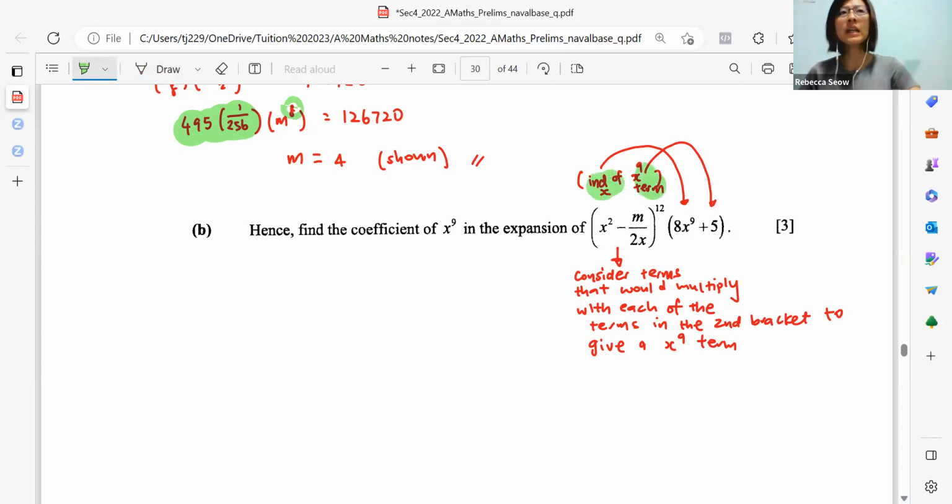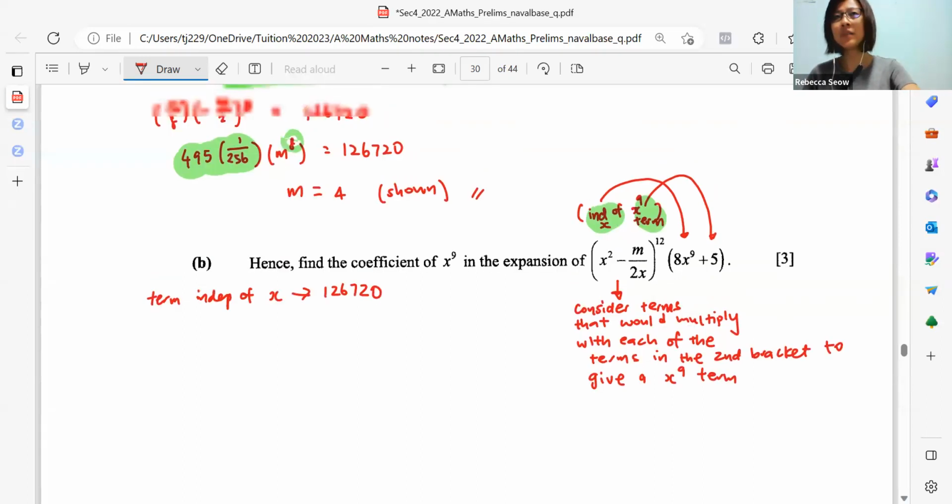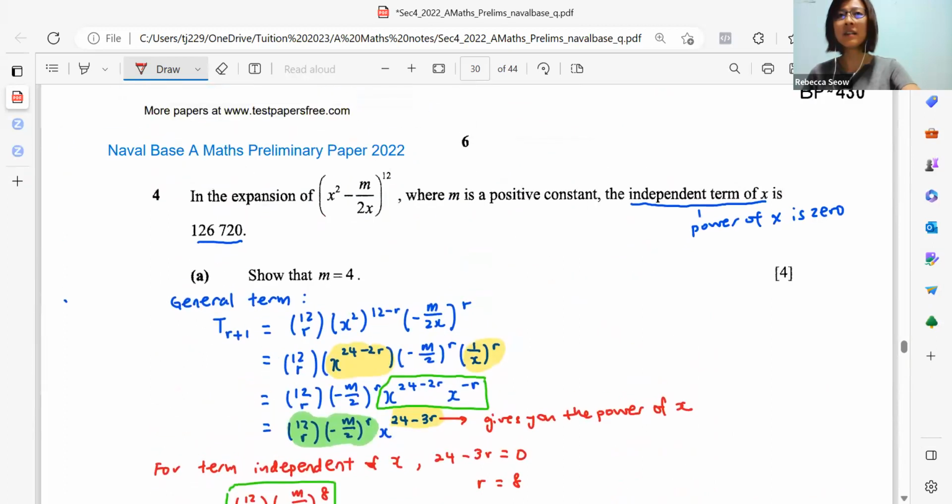Now, we have already found a term that is independent of x, and the term that is independent of x is actually 126,720. Where did we get this value? Well, at the top of the question, for part A, the independent term of x is 126,720.